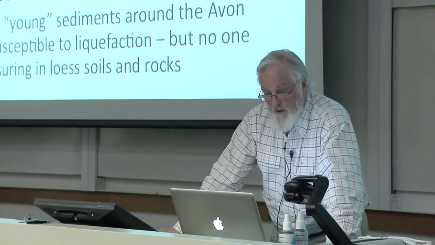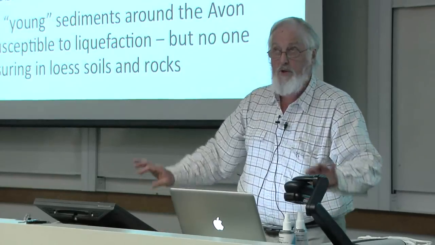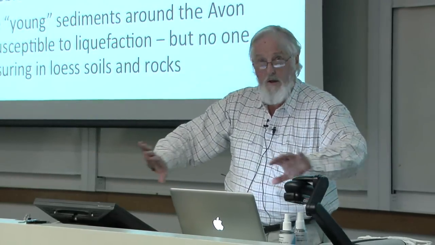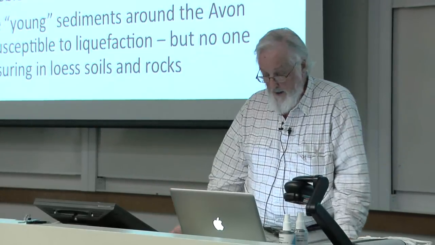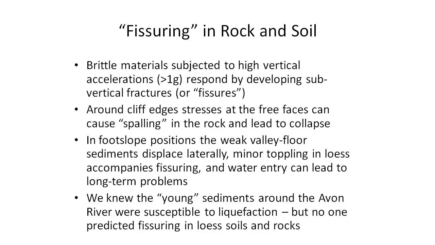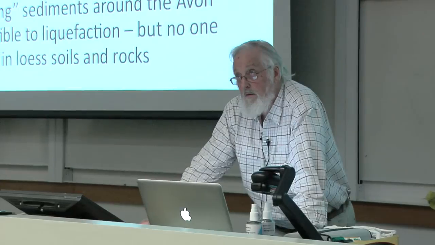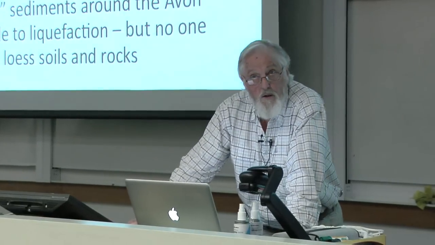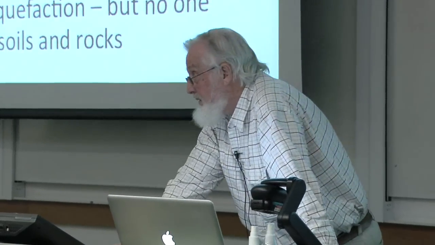In the foot slope positions, the weak valley floor sediment still can displace locally, laterally, sideways, and that results in fissuring. We knew the young sediments of the Avon River were susceptible to liquefaction. We knew that 30 years ago. We mightn't have done enough about it, but we knew it.